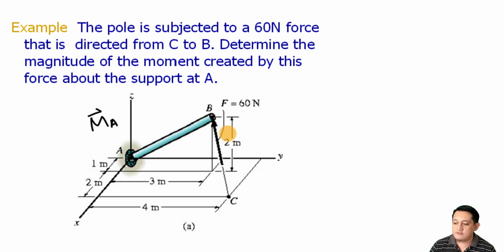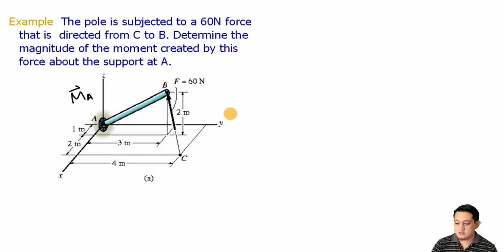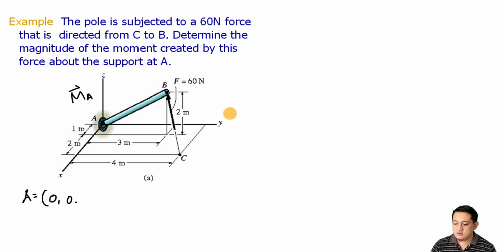Now we have 3 points here: point A, point B, and also point C. Let's write down the coordinates for all the points first. For point A, it is 0, 0, 0 because it is the origin.